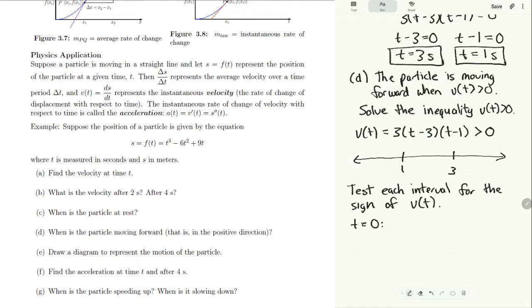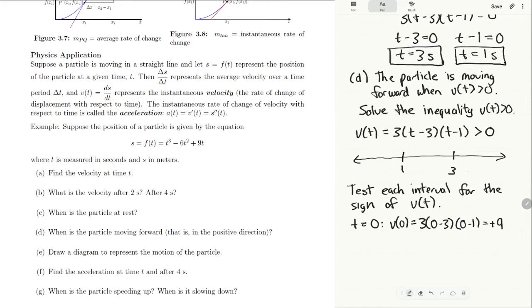If we substitute 0 into the velocity function, what we'll get is 3 times 0 minus 3 times 0 minus 1. And this will give us positive 9.